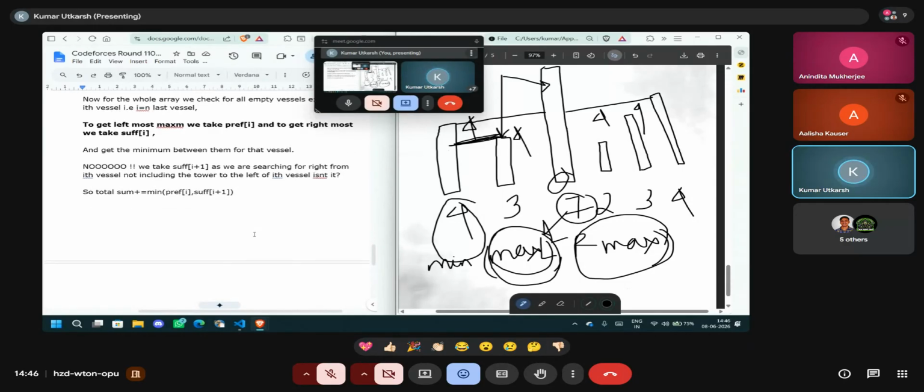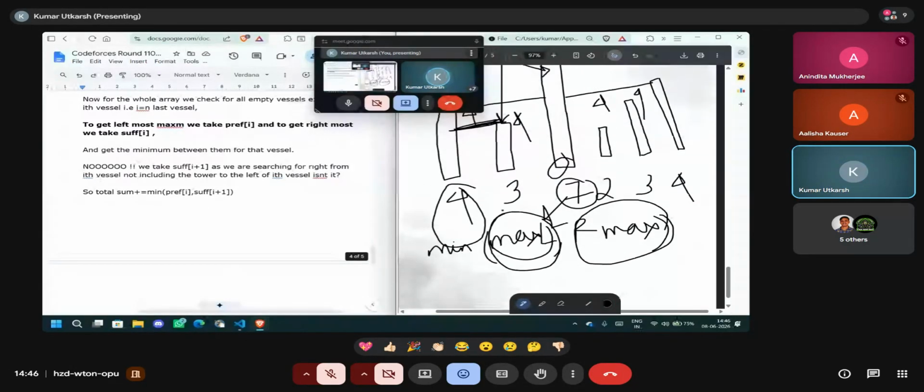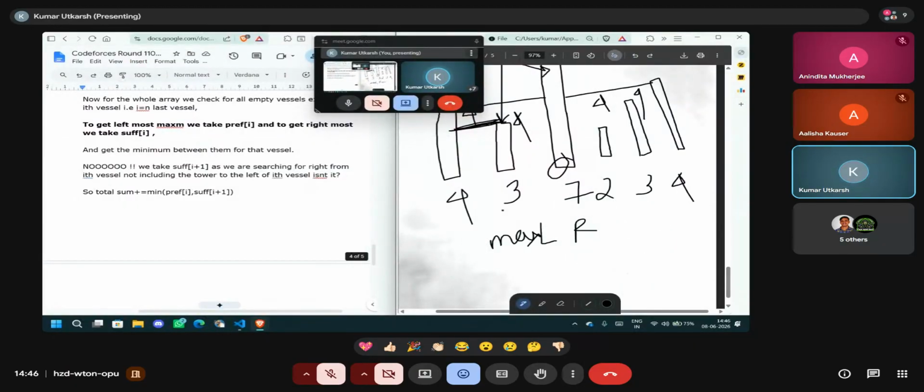So let us consider what I meant. This is our example, right? Let us define two maximums. For 4 3 7 2 4, what will be the maximum array?